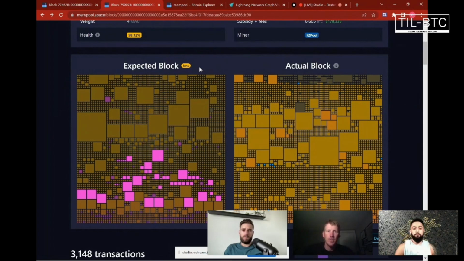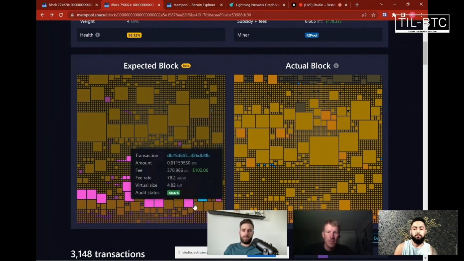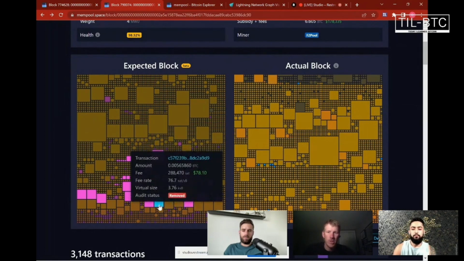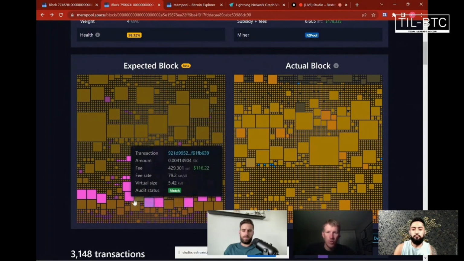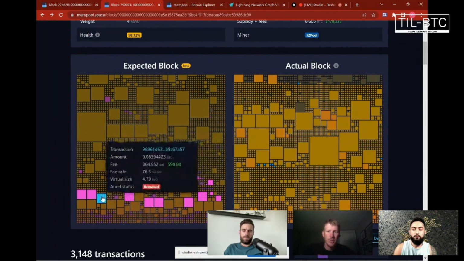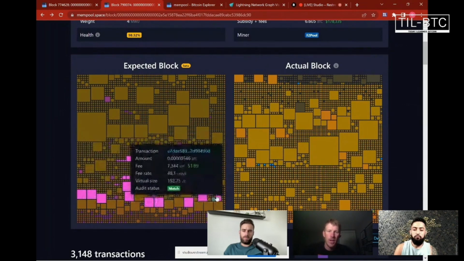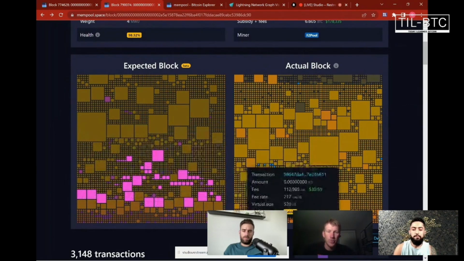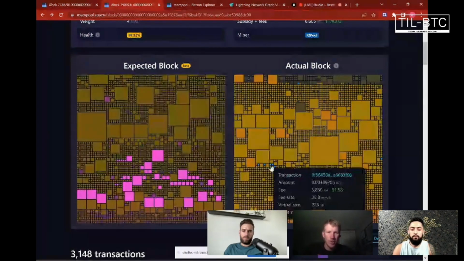What this is showing here, these pink blocks on the side, these were removed from the block. These are pretty good, normal fee rate transactions that you would think should go in this block. They got removed for transactions like these little blue ones. They marked the blue ones as added transactions. These were never in the mempool.